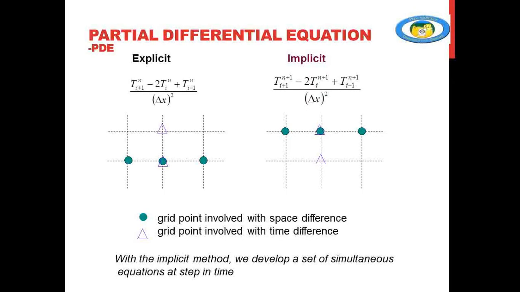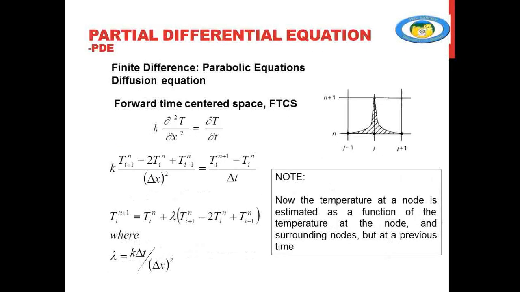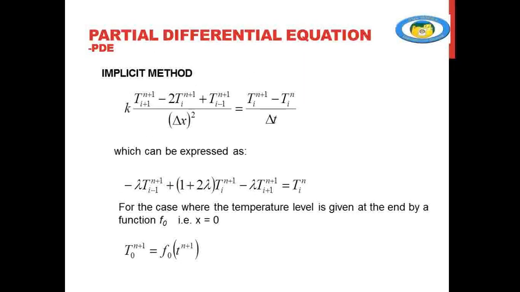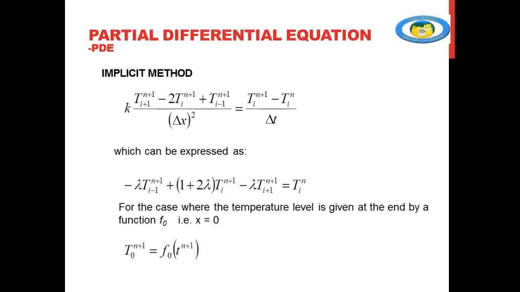Implicit method: the same set of equations, what is changed this time is instead of using n in the spatial derivatives, you're going to put n plus 1 at the unknown time. The spatial derivative is expressed at the unknown time. Now representing lambda, the diffusion Courant number, which is k times delta t over delta x squared, and then just expressing the terms, you'd have that equation now.